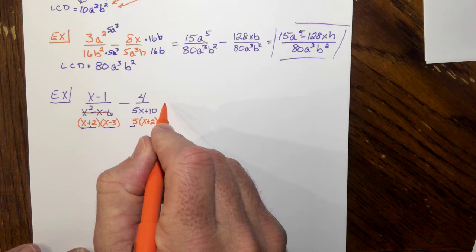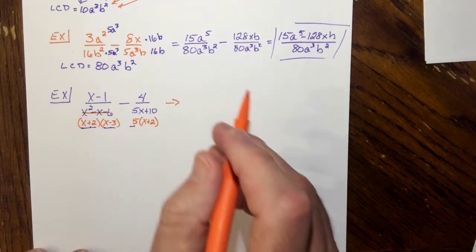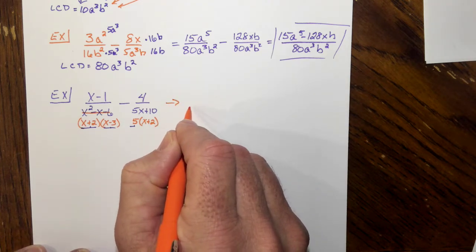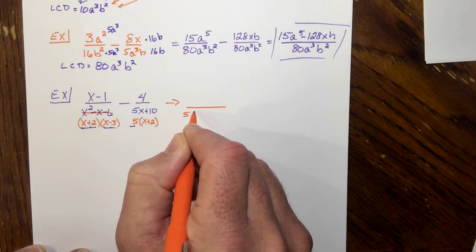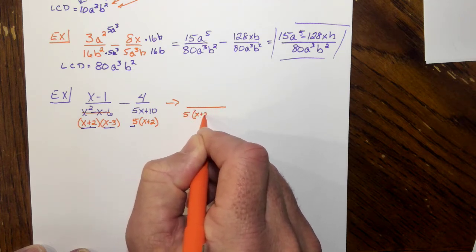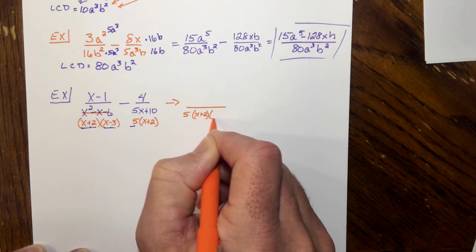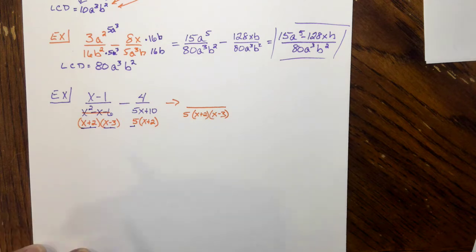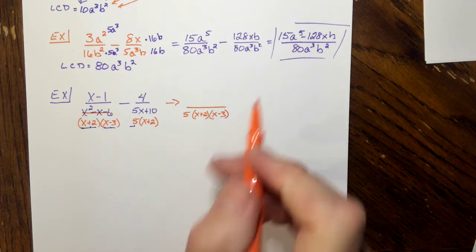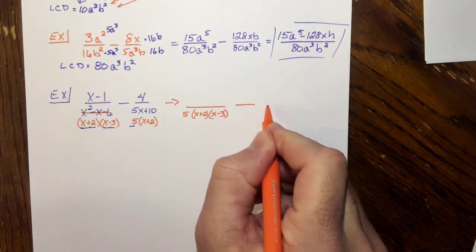So over here, I'm going to have a denominator of 5, x plus 2, and x minus 3. That's our common denominator.